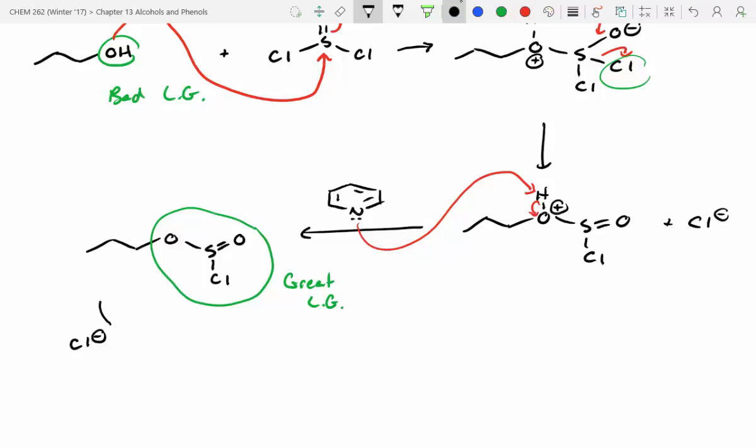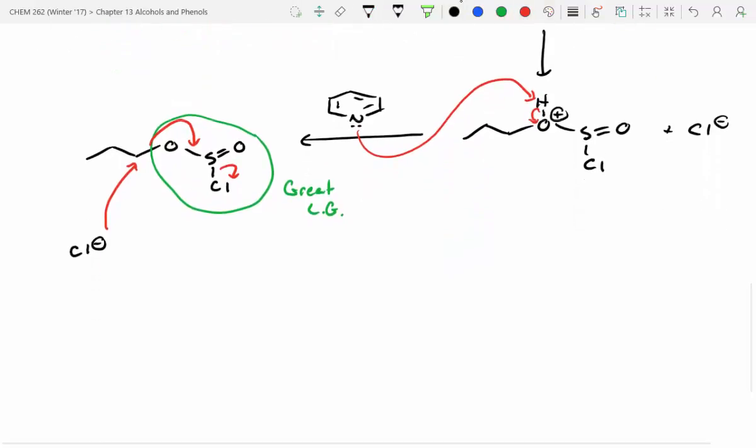So this chloride is going to do a backside attack, just like we saw with our SN2 reactions, and it's going to kick off our leaving group. And the reason this is such a good leaving group is that when this leaves, this bond's going to clamp down, and then we're going to kick off our chlorine all in one step. So let's take a look at the product we would get out.